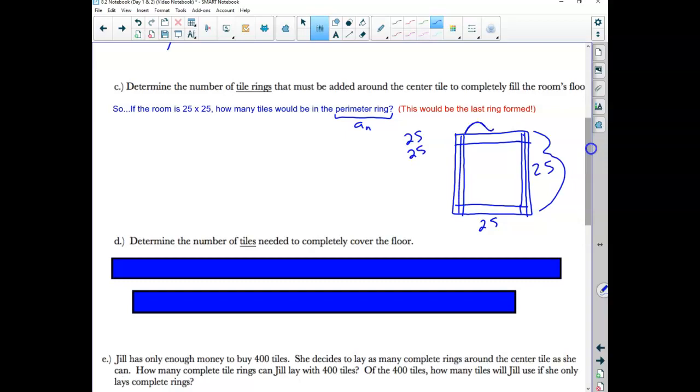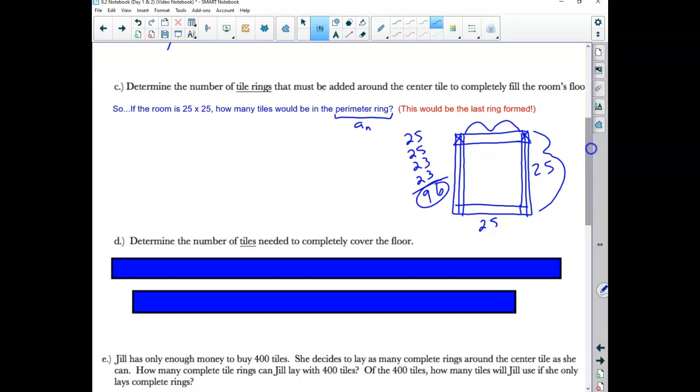But now, how many do I have here? Remember, I've already counted these corners. So that one's not going to have 25 in it. How many is that one going to have in there? Maybe 23. And this one's going to have 23. So my perimeter ring is going to have, what would that be? That would be 16, 2, 4, 6, 8. There's going to be 96 tiles in my perimeter ring.